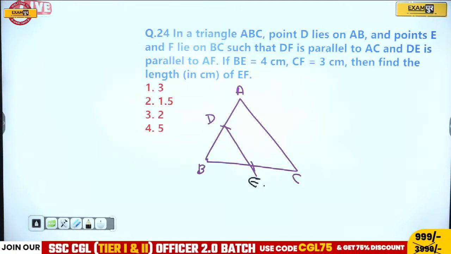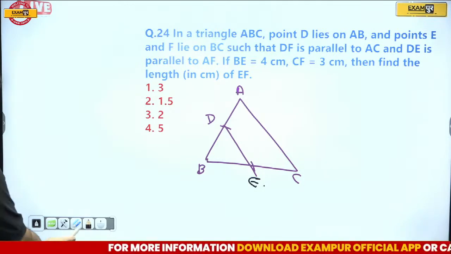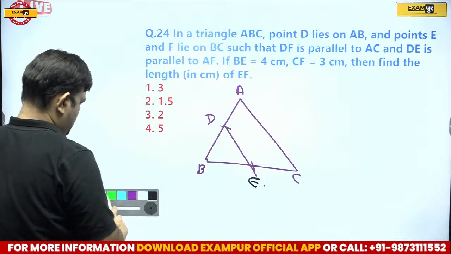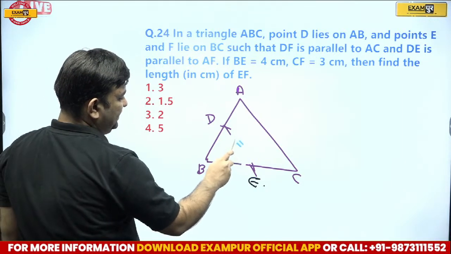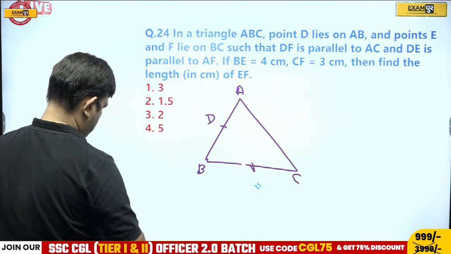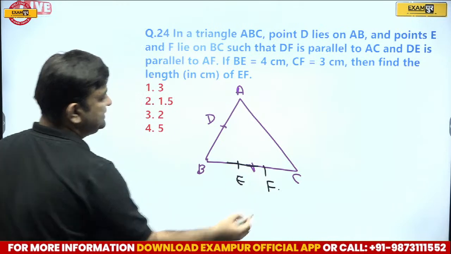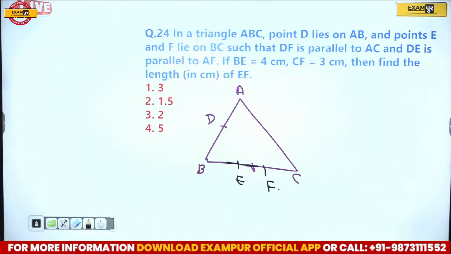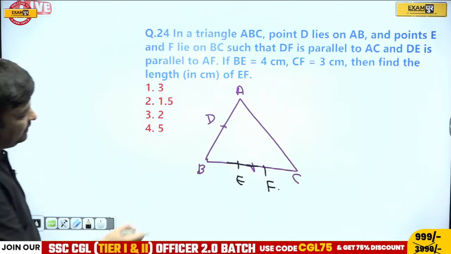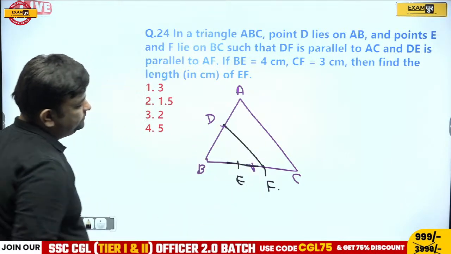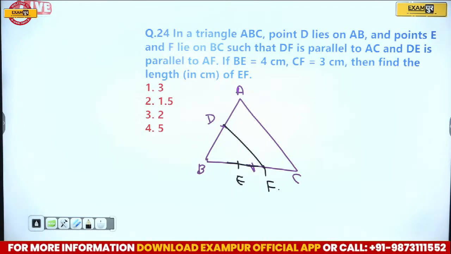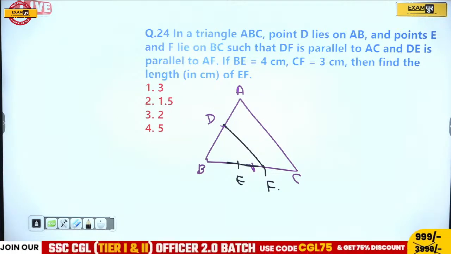D lies on AB, E and F lie on BC, such that DF is parallel to AC and DE is parallel to AF.